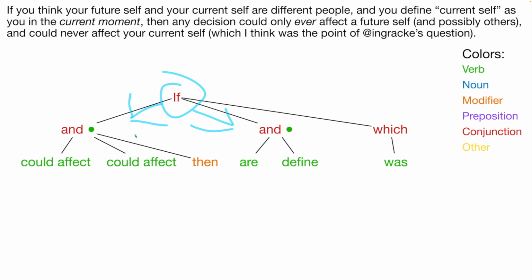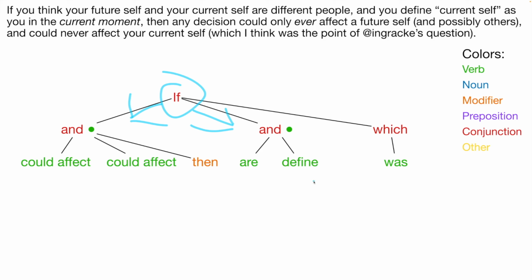You'll note that this is different than the standard English order, where we usually write if x then y. But I have the then part first on the left. Why is that? Because that's how I do all the subordinating conjunctions. In a tree, I put the main clause first and the subordinate clause second. So for the tree, it is this stuff, if, and then the second stuff.